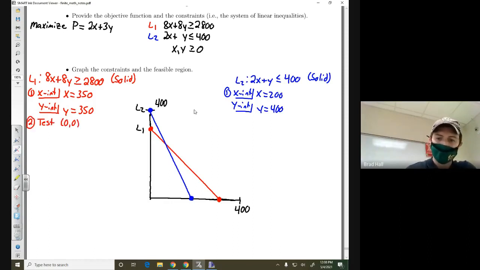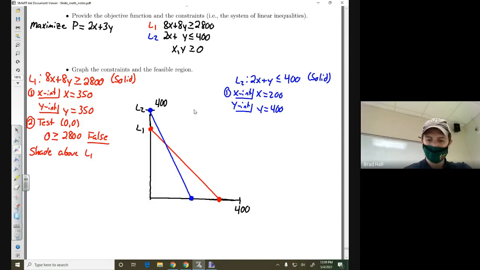So let's test 0, 0 for the first line, which we will end up getting that 0 is greater than or equal to 2800, which is, of course, false. So we shade above L1. So we don't shade below L1, so those two regions are out.